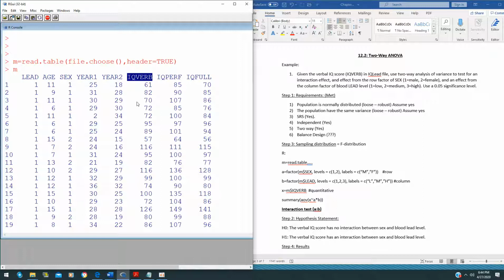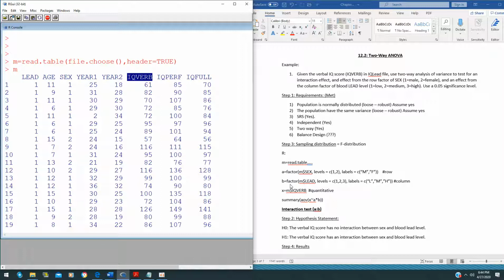In this case, you have to label your categories based on your levels. So A is factor of M sex, because this is your row factor, which is sex here. Levels is 1, 2, because you only have 2 levels, and labels are M and F. That tells R that every 1 under sex will be labeled M, and all the 2s will be labeled female, F. Because your lead level is also 1, 2, 3, you have to label them.